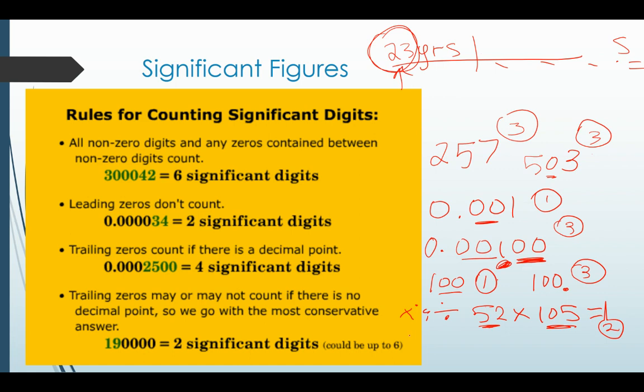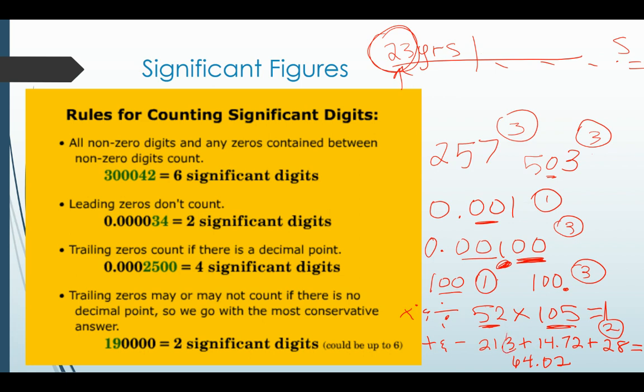When you're adding and subtracting, there are different rules. The rules for adding and subtracting are as follows. For example, if I add the numbers 21.3 plus 14.72 plus 28, in my calculator I get 64.02, but I'm not allowed to be that specific, because I am only allowed to be as specific as the least specific number.